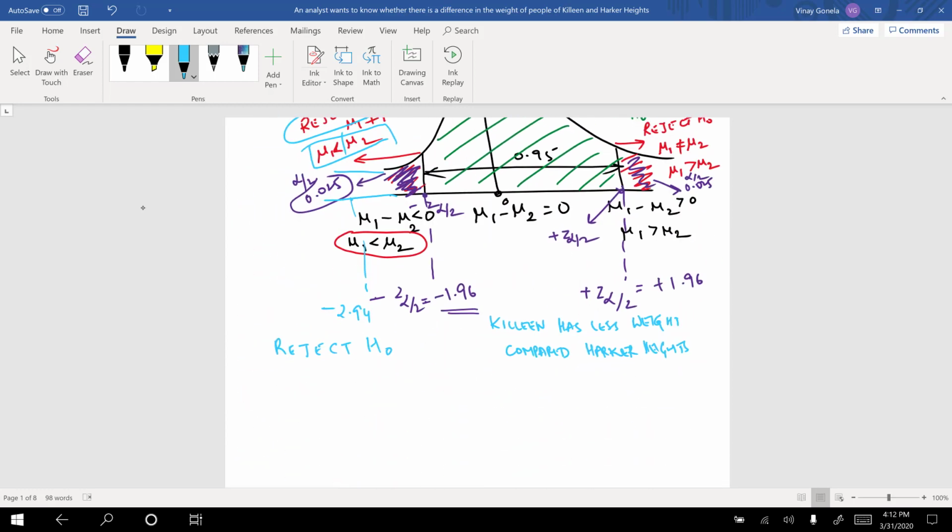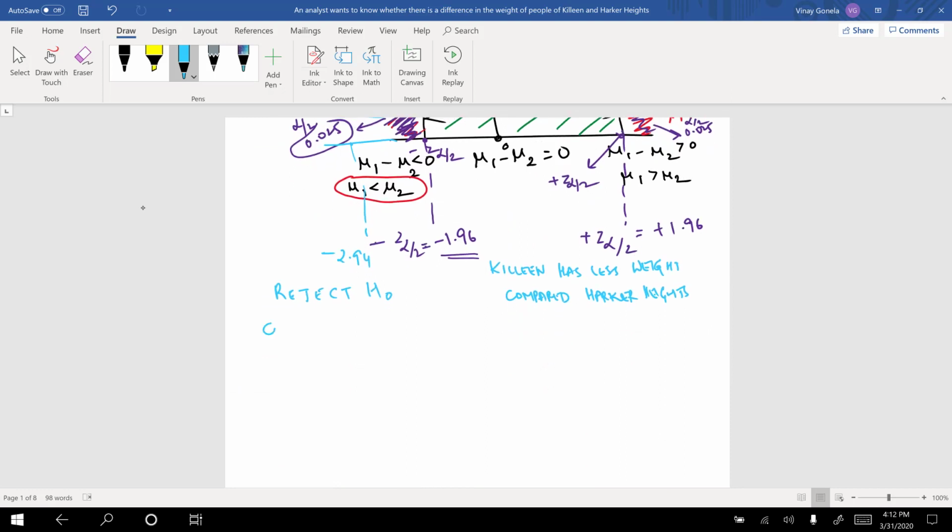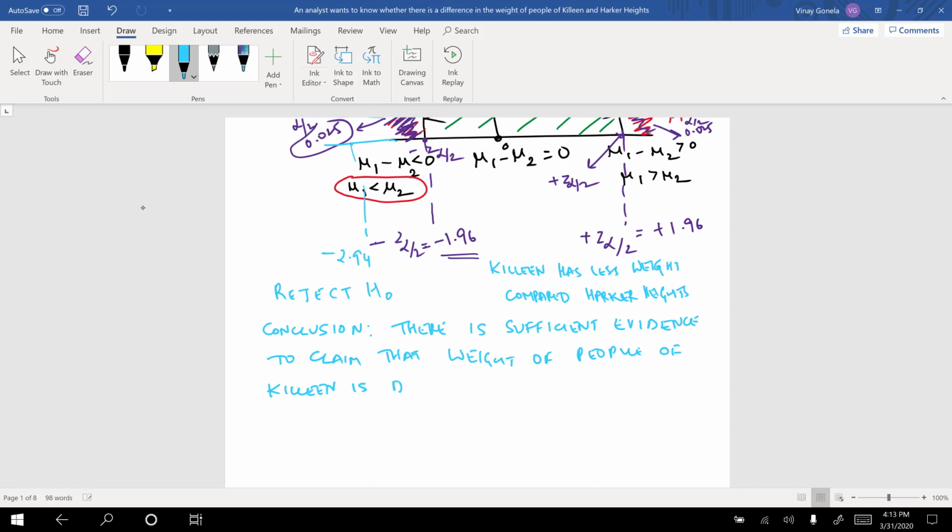So we can say the conclusion would be there is sufficient evidence to claim that the weight of people of Killeen is different from Harker Heights.